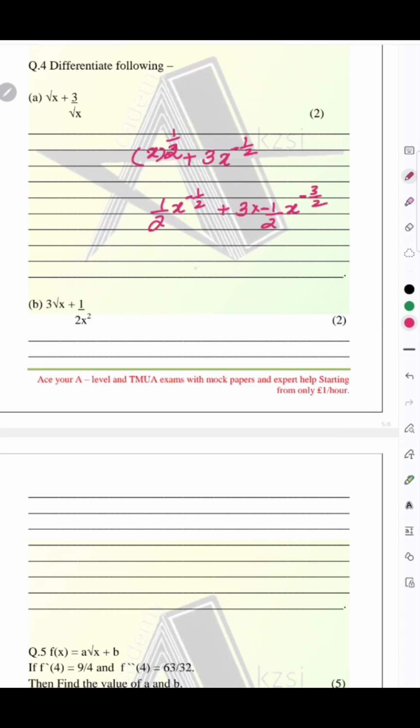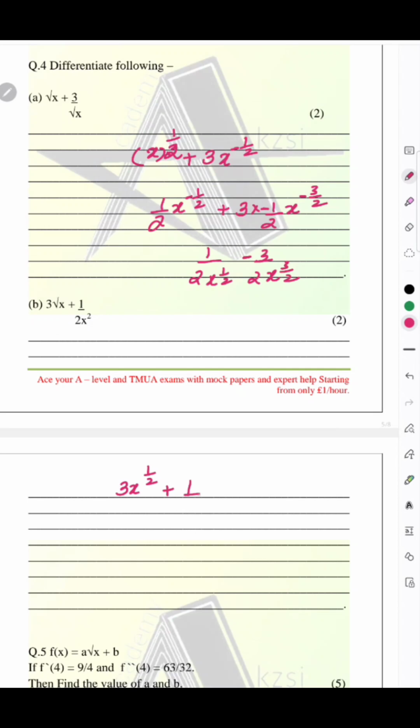Answer will be, finally, if I simplify this, or if I keep it in a fractional form, we can write half x to the power of negative half minus 3 over 2 x to the power of negative 3 over 2, and that's the final answer. Moving on to part B, again it involves the fractional indices.